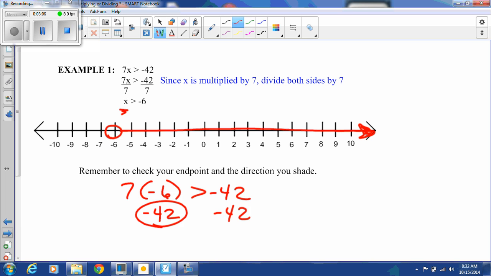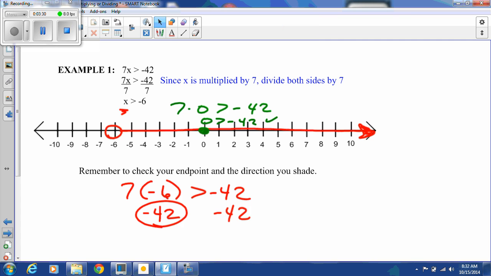Now to check to see that we've shaded in the correct direction, pick a number that is in the shaded section. 0 is here. I always like to use 0. So I'm going to put 0 in for x, and 7 times 0 is greater than negative 42 because 0 is greater than negative 42. So I have shaded in the correct direction.